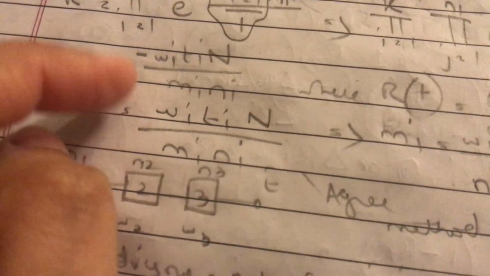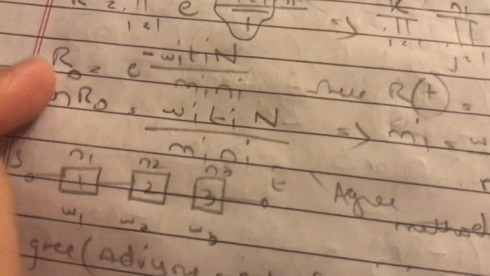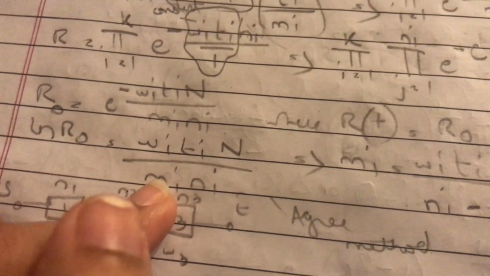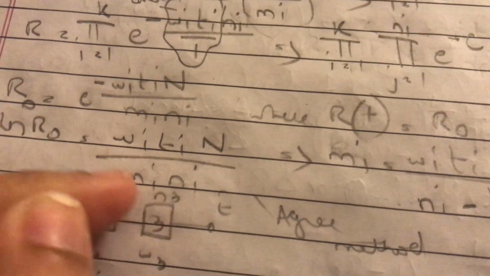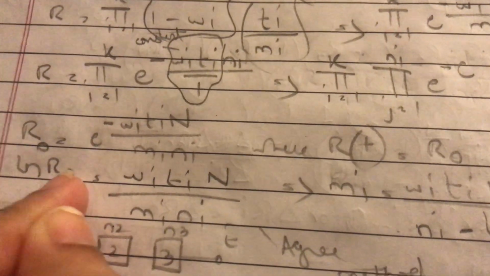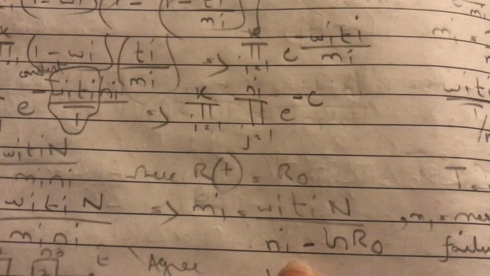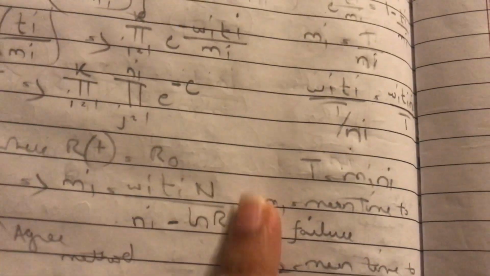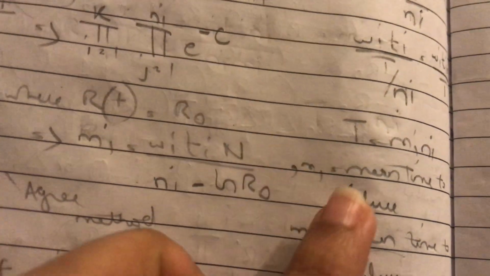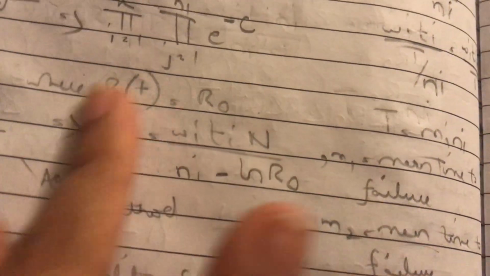By putting the logarithm, the exponent goes away, and here it becomes the logarithm of R0, and this thing comes here. So mi comes here, and this ln R0 goes down there. It is simple multiplication and nothing else. And the value of mi is wi ti capital N over ni, divided by minus ln R0. So this is the value for mi.